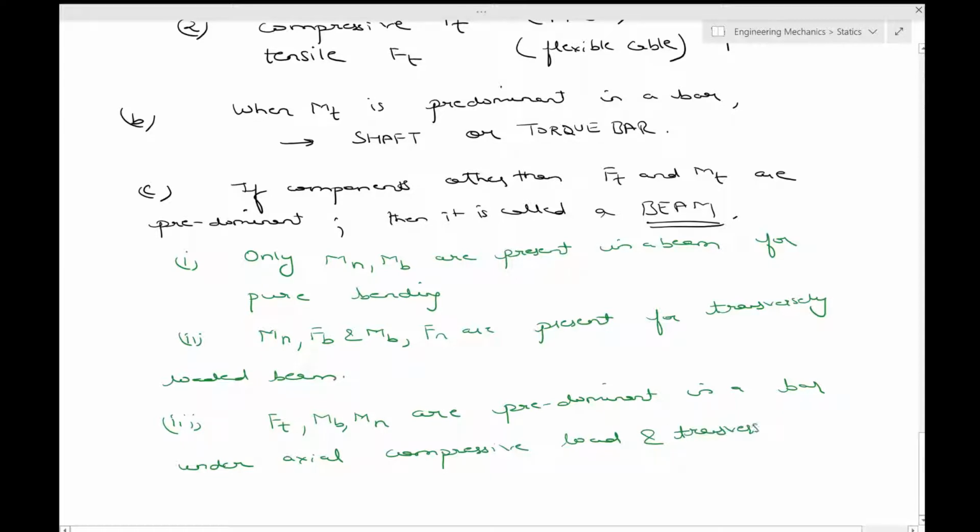So both of them have to act. This is called a beam column, somewhat of a hybrid between the two. So please visualize all of them before you move ahead.